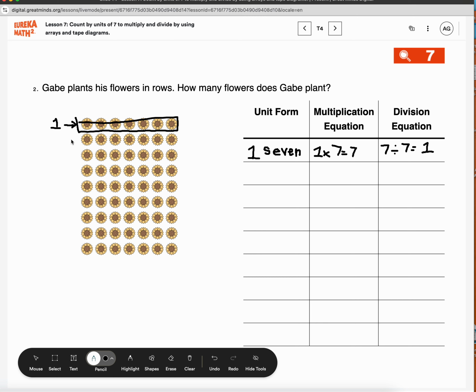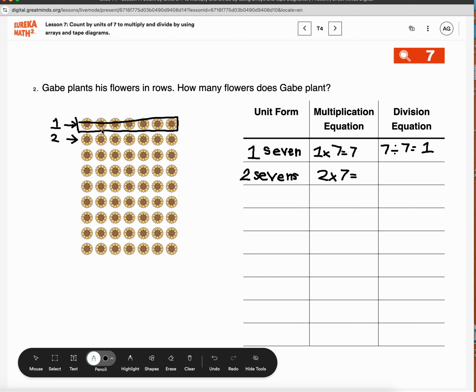So now if I look here, this is my second row. We're just going to keep building. So now I have 2 7s. So I have 2 times 7, and I'm going to find my answer. I can find my answer by 1, knowing my math facts, but 2, counting now.